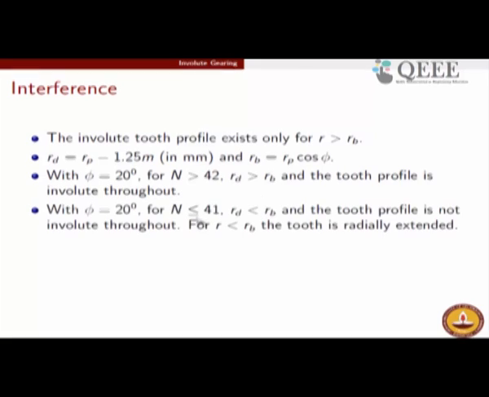If the number of teeth is 41 or lower, then it can be proved that the dedendum circle radius is lesser than the base circle radius.